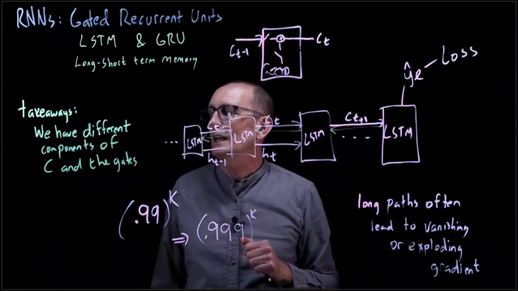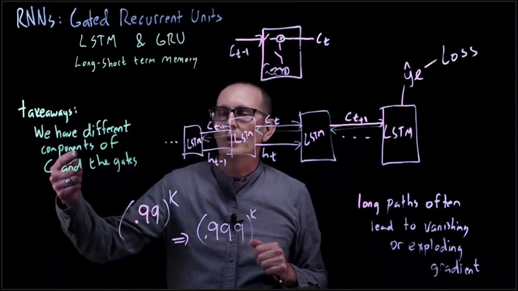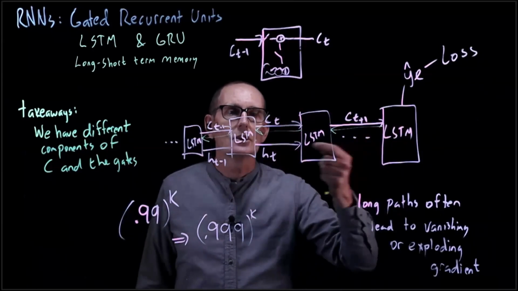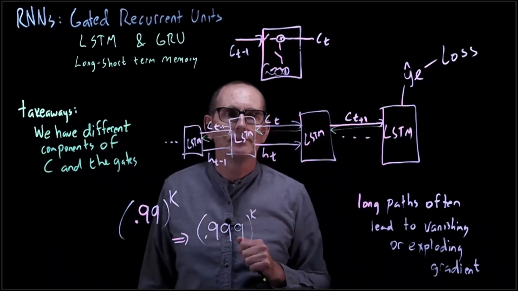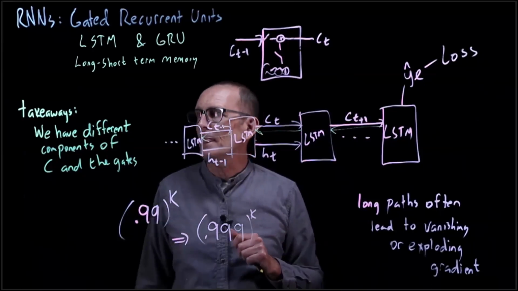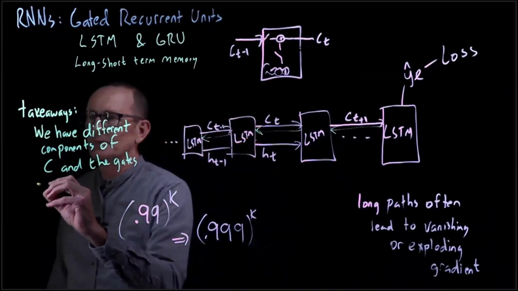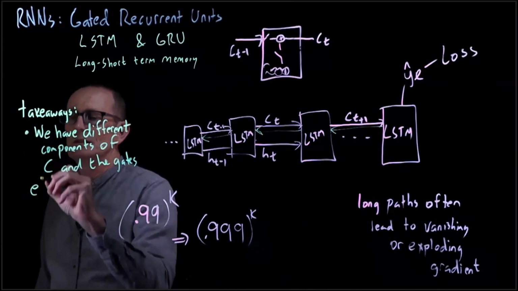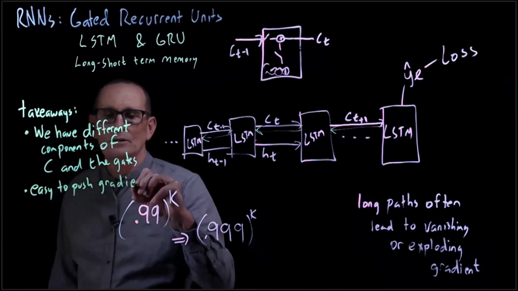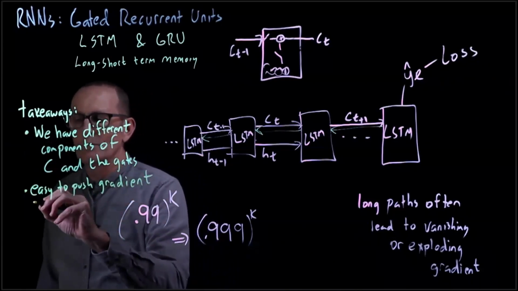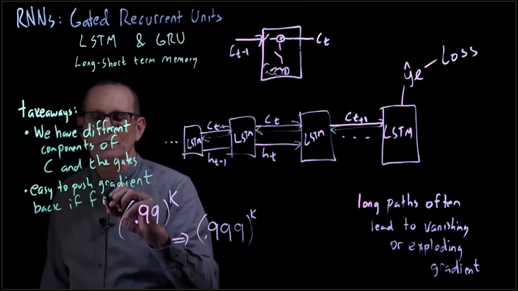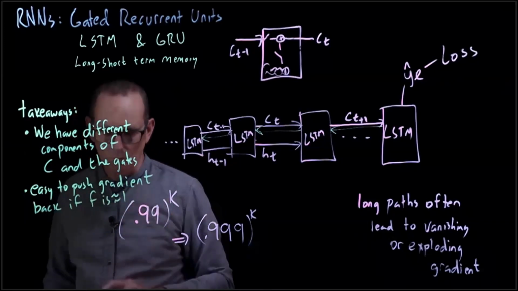Another component may have it open, and so we can't push gradient back via C. A second takeaway: it's easy to push our gradient back if F is close to 1.